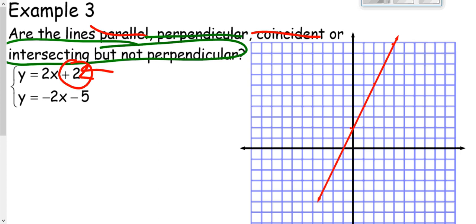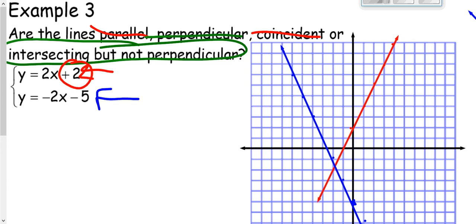All right, so I've got my red line graphed. Now let's go do my other line. Let's do it in blue. Okay, so I'm going to start at -5. 1, 2, 3, 4, 5. And my slope now is a -2. So I'm going to go down 2, I ran out of space, so I'm going to go backwards. Okay, so I've got my red line and my blue line.